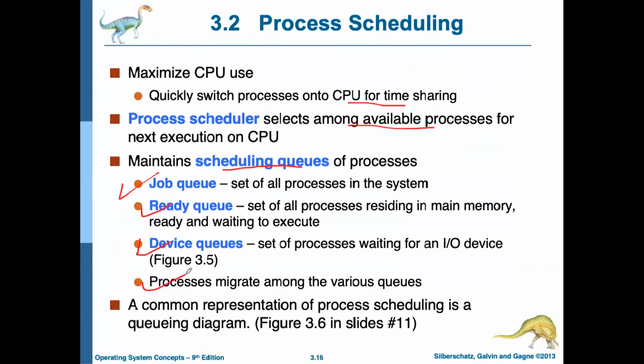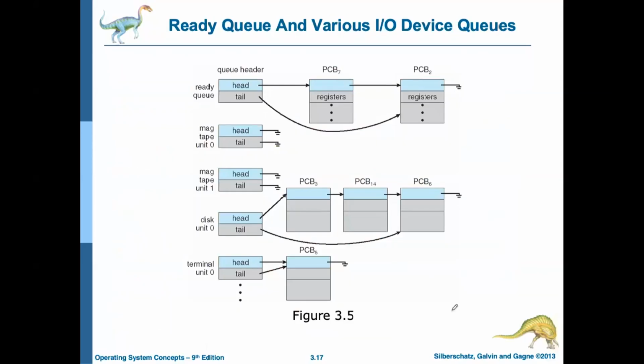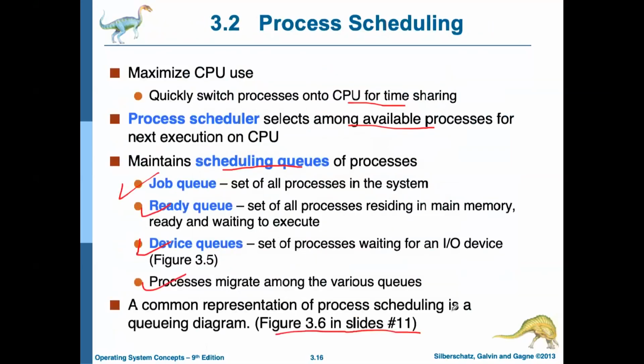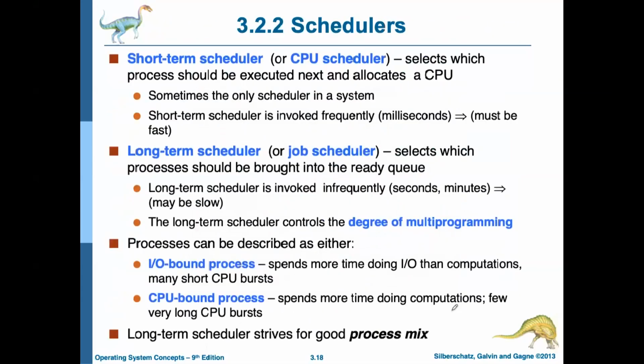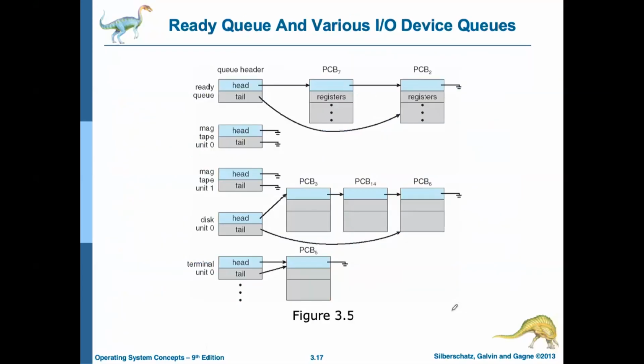A common representation of process scheduling is a queue diagram. This is figure 3.6 in slide number 11. So the ready queue and various I/O devices, this is how the structure looks.